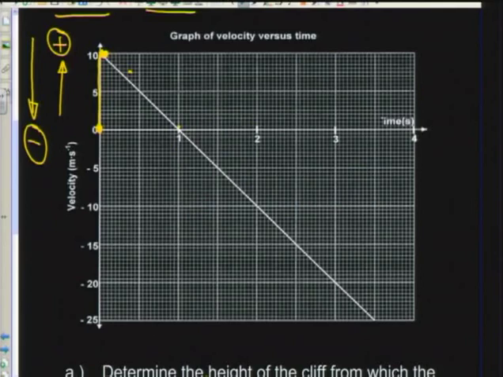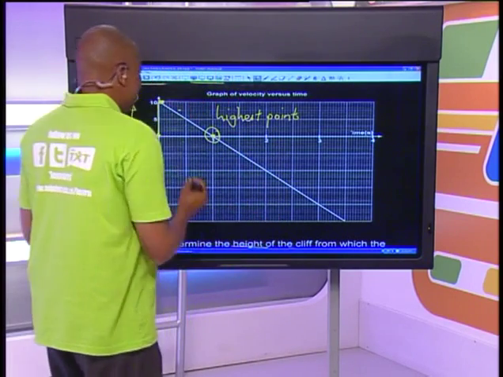Now, the stone goes up. When the stone reaches its highest point, we know that it is going to stop momentarily and then begin to come down. What does it mean for that point?